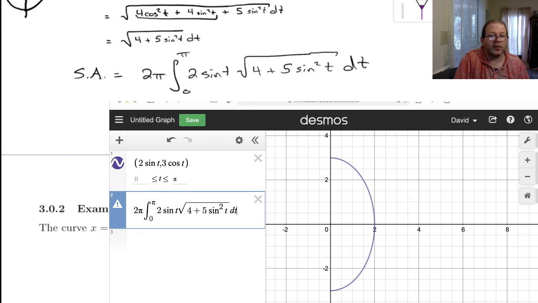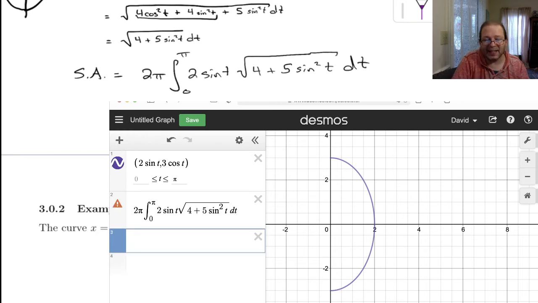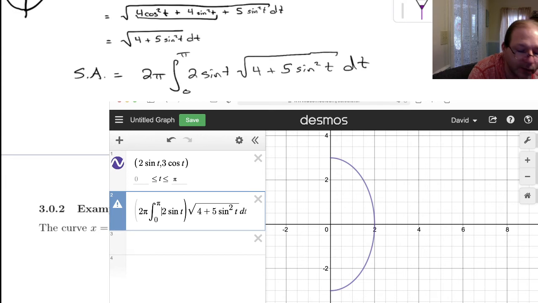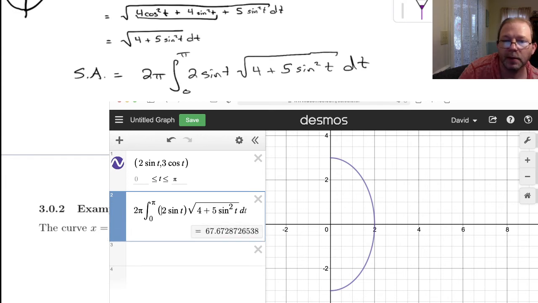And it won't surprise me if this doesn't give us an answer. Yeah, it does not like that. It probably needs some help figuring out how to parse this. First thing I'm going to do is put some parentheses around here. Yeah, putting parentheses around those helps it out and gives 67.67 as an approximation.